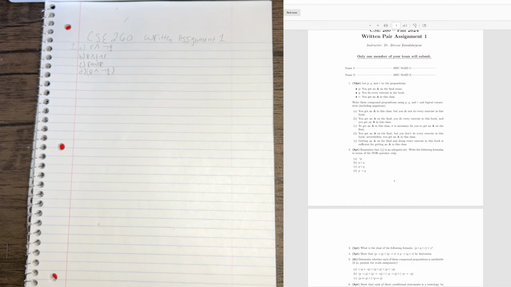Because reading it at first, just because of nevertheless, I'm thinking it's going to be an if then arrow. But thinking about it, it makes sense just to do another and. Again, and the final, and not do every exercise in the book. But you still get an A in the class, so and A in class. I feel like that makes sense.